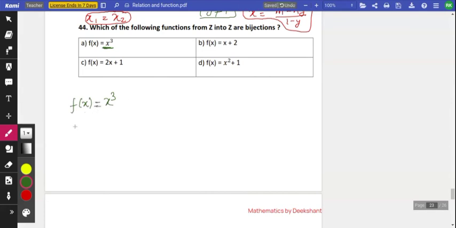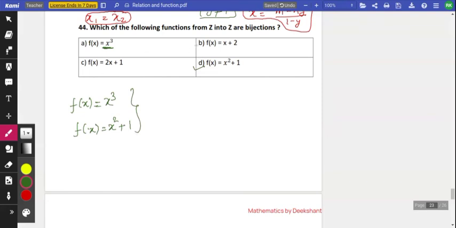And the other, same as option D, f(x) is equal to x square plus 1, is also not a bijective function. These two functions are not bijective.